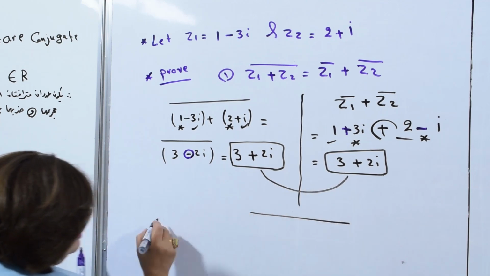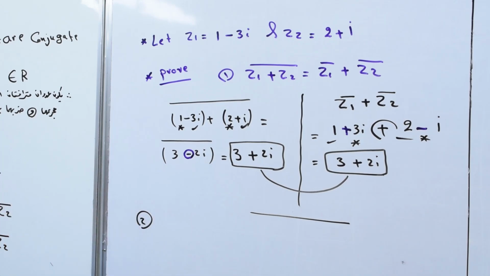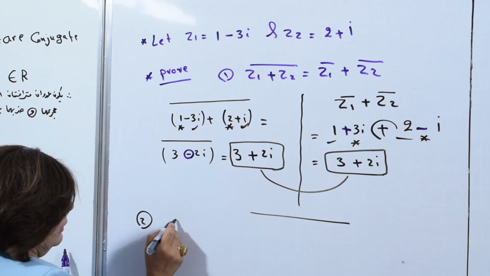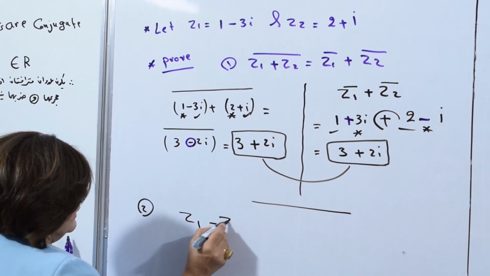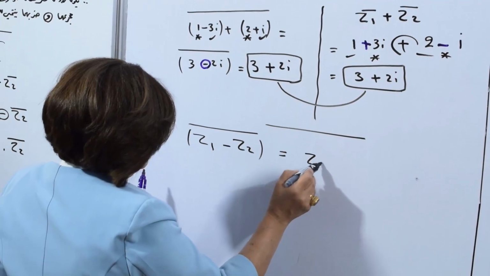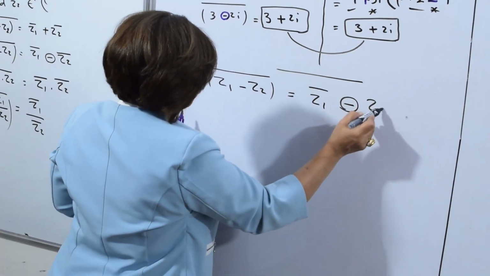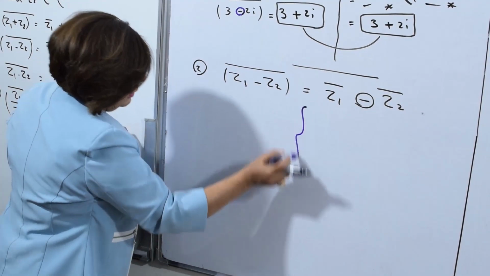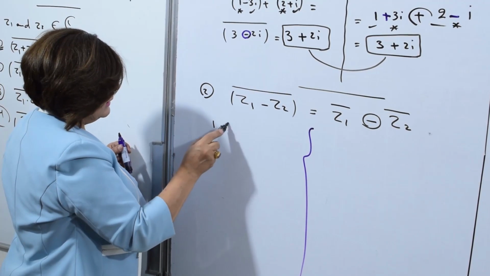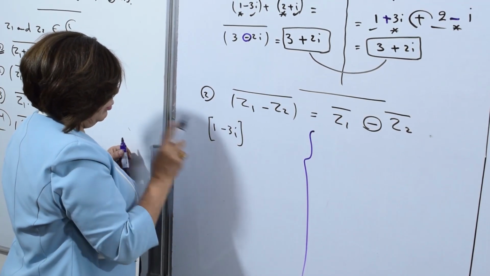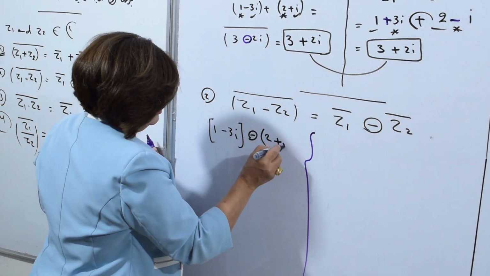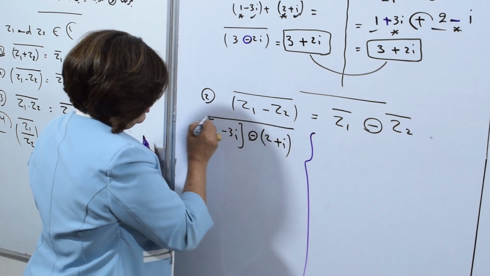I take number 2, in subtraction, بعملية الطرح. Same example, نفس المثال. The conjugate of Z1 minus Z2 must equal Z1 conjugate minus Z2 conjugate. Then substitute Z1: 1 minus 3i minus 2 plus i, all under conjugate.